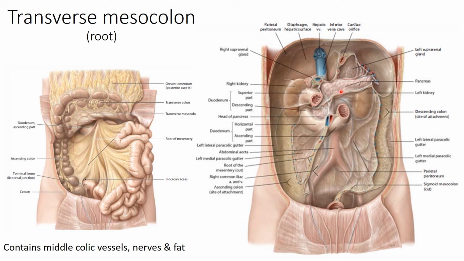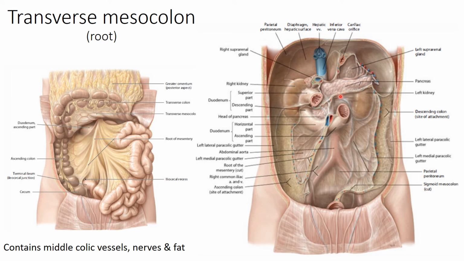Then it passes onto the head and the body of the pancreas, lying just above the duodenojejunal flexure, then onto the upper pole of the left kidney, then continues up to the splenic flexure of the colon. So this is the obliquely lying root of the transverse mesocolon.